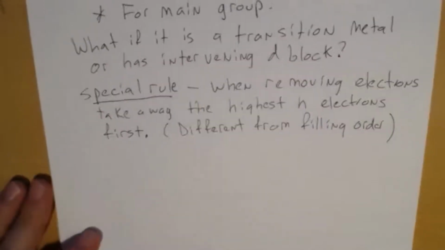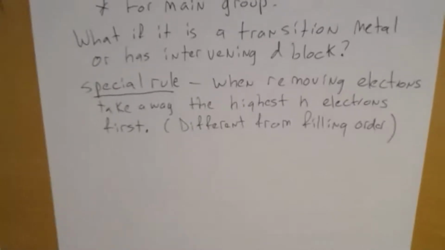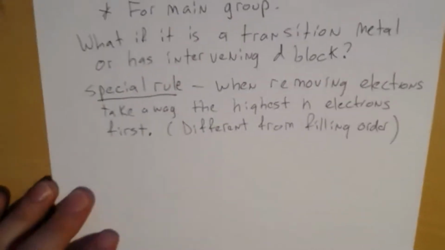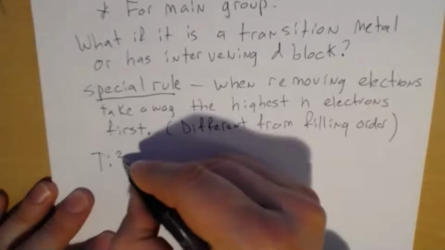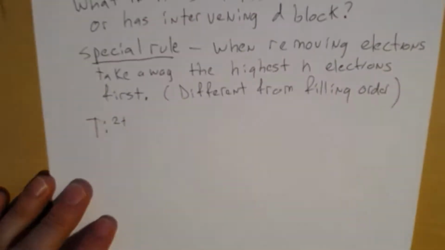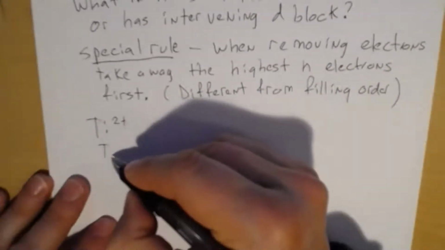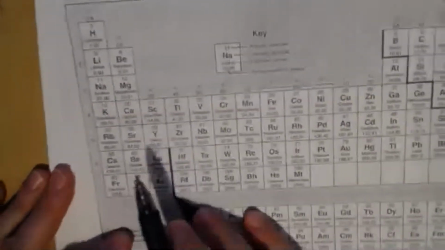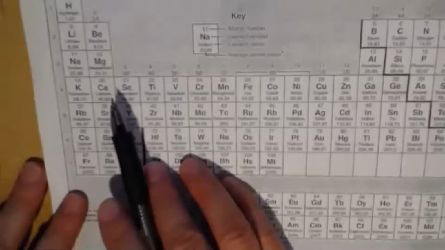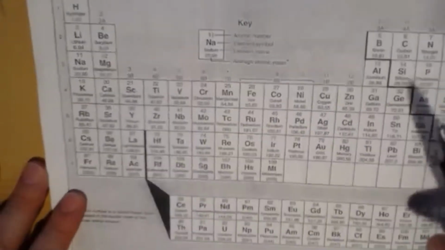Okay. Is everyone on board? Is this cool? All right. So how about titanium 2+? In order to do titanium 2+, first let's look at titanium. What's the electron configuration of titanium? It's going to be the noble gas before it, argon, and then 4s2 3d2.